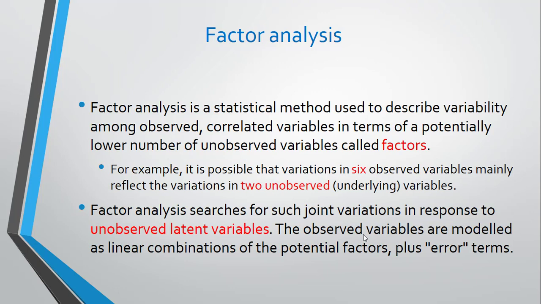Then we can use factor analysis to change those 6 variables into 2 that could be unobserved or underlying. Okay. Factor analysis searches for such joint variations in response to unobserved latent variables. And the observed variables are modeled as linear combinations of the potential factors plus the error terms. Right? So we want to find factors or latent variables, unobserved latent variables.